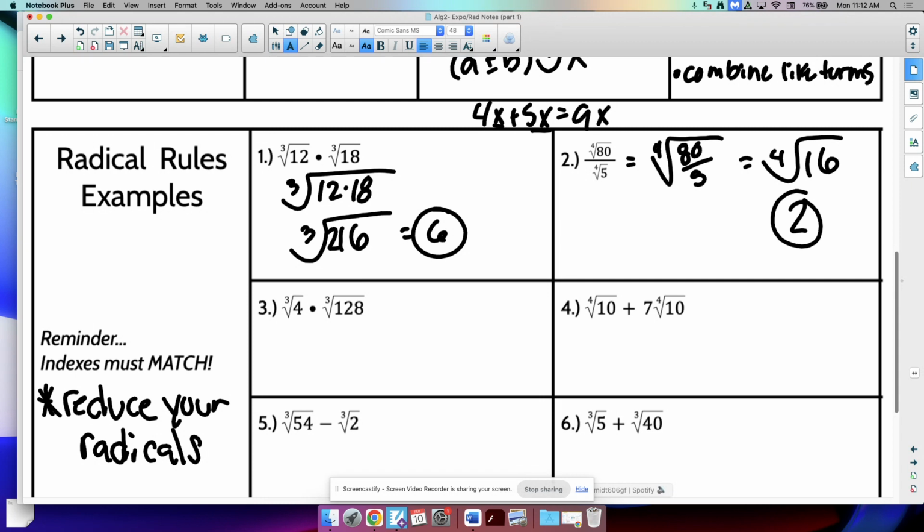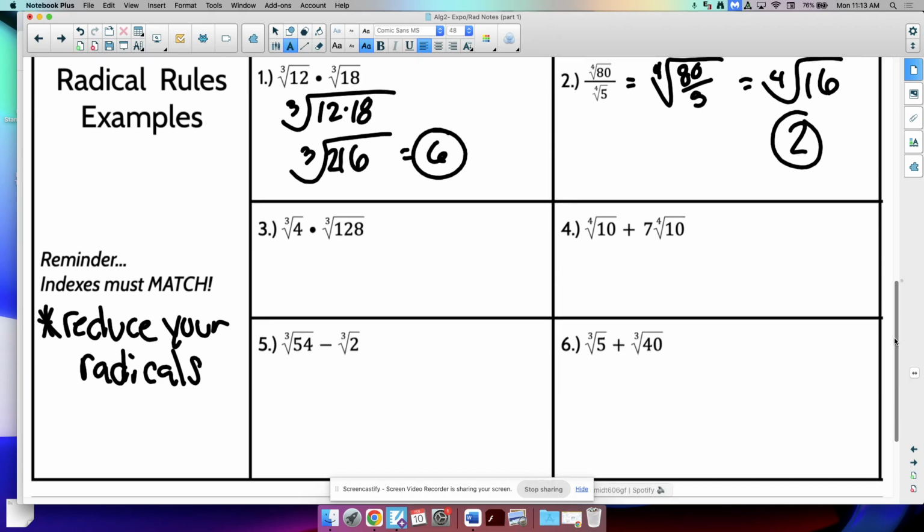All right, number 3, what operation are we doing? Multiplying. They're both third roots. So since they are both third roots, the insides multiply together. So what's 4 times 128? 512?